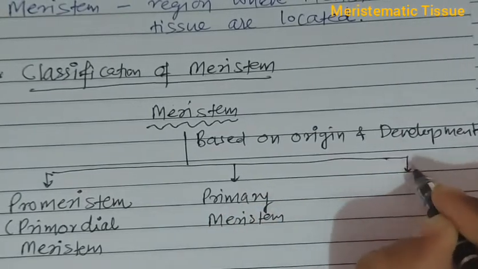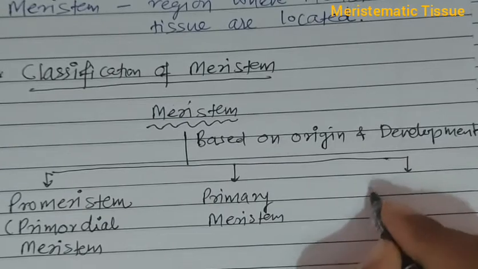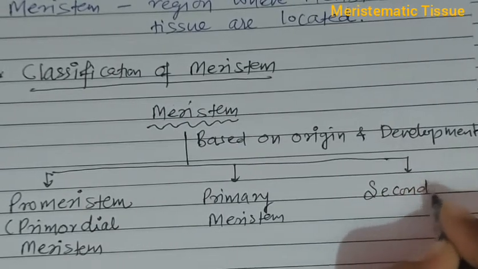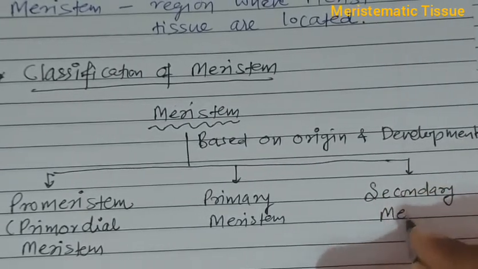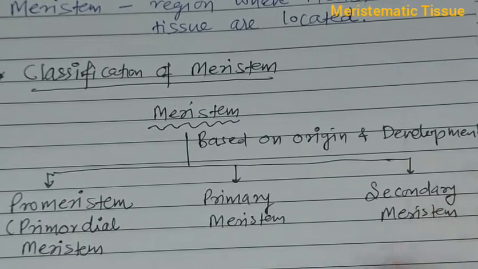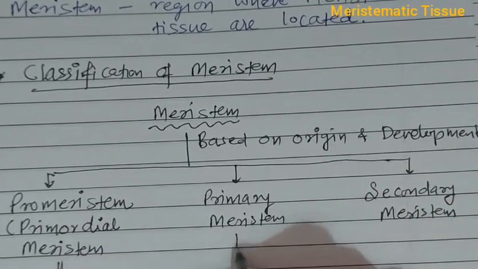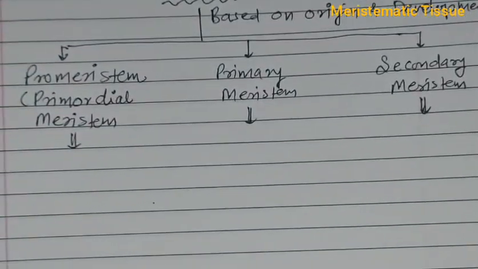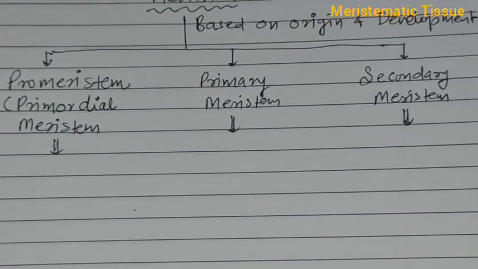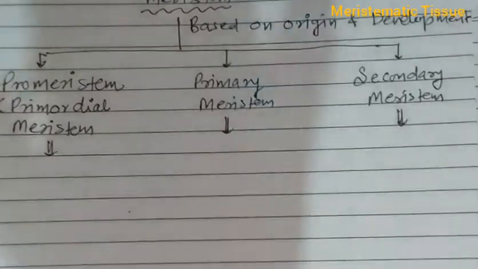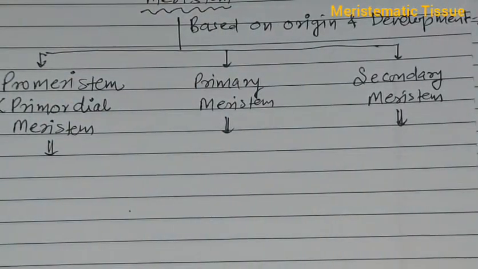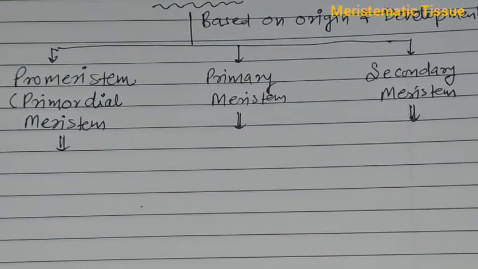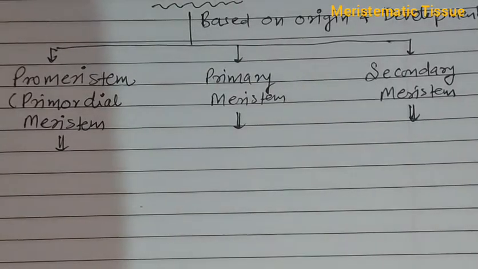And third we are talking about secondary meristem. Okay, so we will deal with this in particular part. So on the basis of origin and development, there are three types of meristem, that is promeristem, primary meristem and secondary meristem. So we should understand all this.